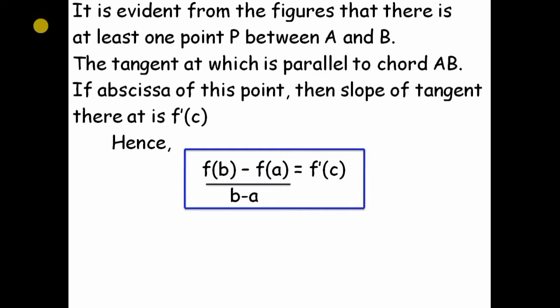So f dash c equals f of b minus f of a upon b minus a. This is what Lagrange's mean value theorem tells us. It implies that there is a point c whose tangent is parallel to the chord AB, and we have to apply the theorem in the particular interval between the points a and b.